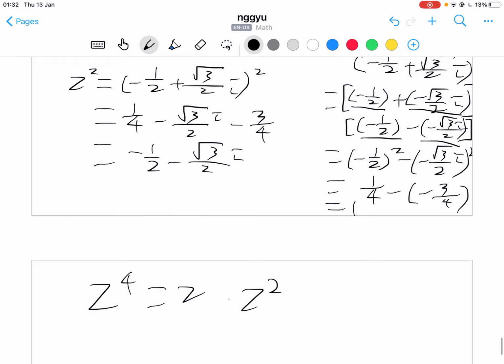Similarly, z to the power 5 is equal to z squared.